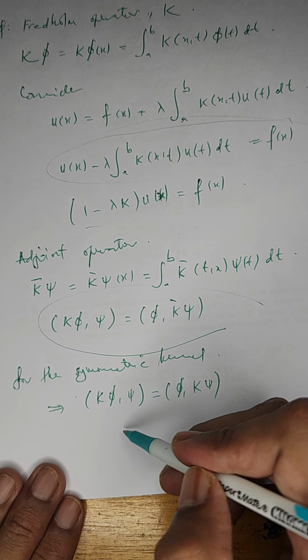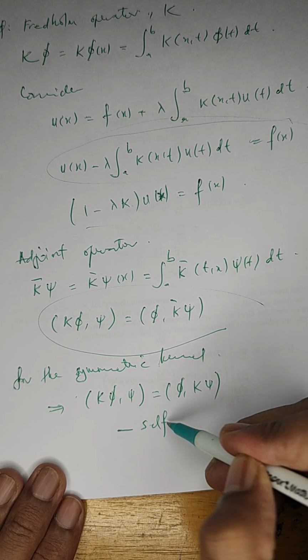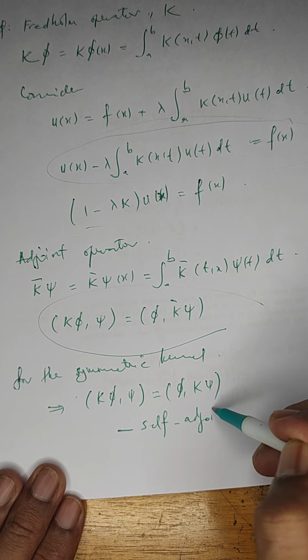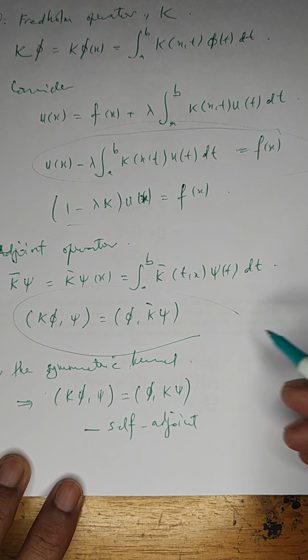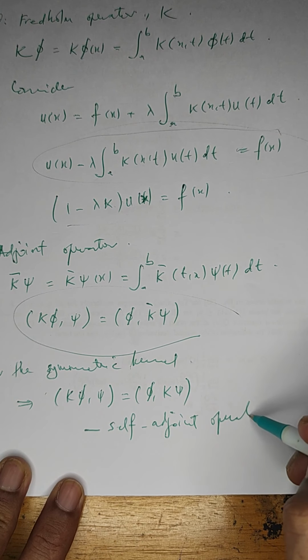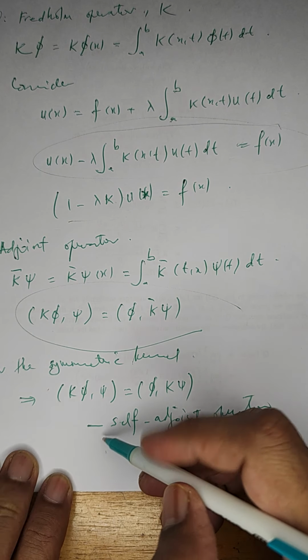In this case, we call it a self-adjoint operator, also known as a Hilbert-Schmidt operator.